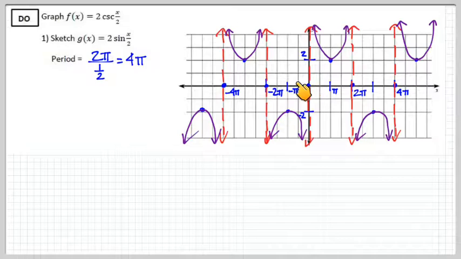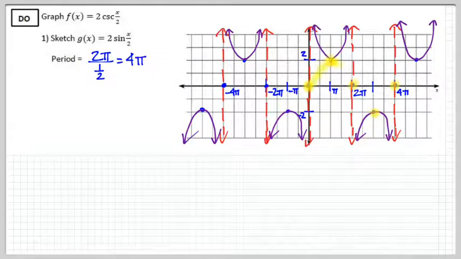And you notice here when I did this one, I didn't even bother to actually draw in the sine graph. What I did here is, once I figured out the period for it, I plotted out the 5 key points that I would normally use to draw the sine function.